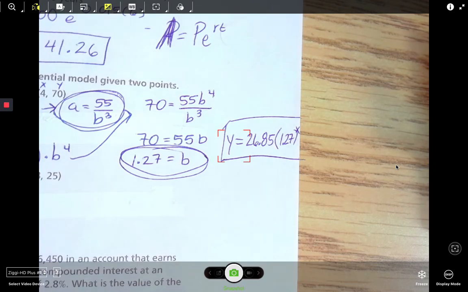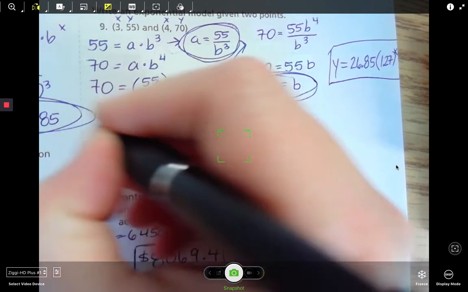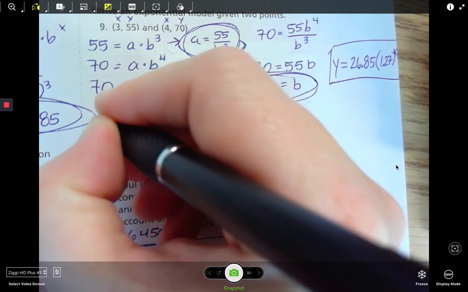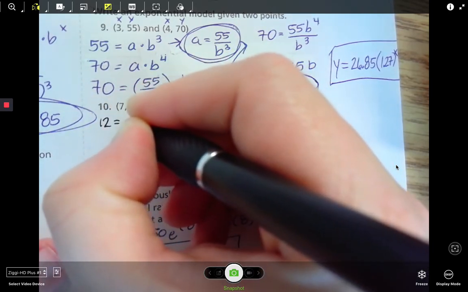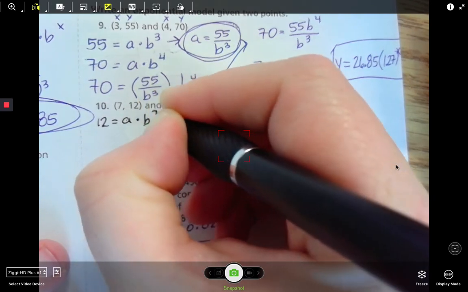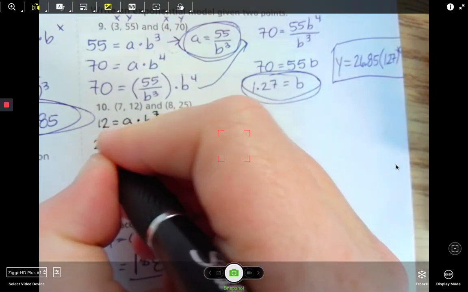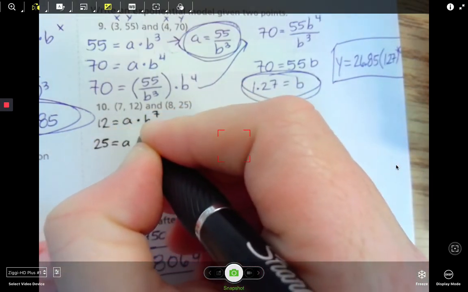It's going to work the same down here for 10. We're going to have 12 is equal to a times b to the 7th, and 25 is equal to a times b to the 8th.